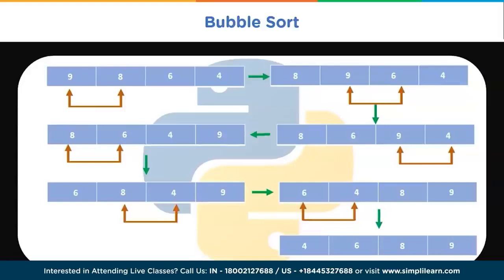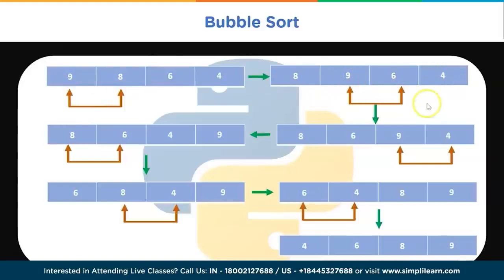According to the bubble sort algorithm, first it will start from the 0th element and compare it with its next adjacent element, 8. In this scenario, 8 is smaller than 9, so we will swap them. So 8 and 9 get swapped and now you have 8, 9, 6, 4.